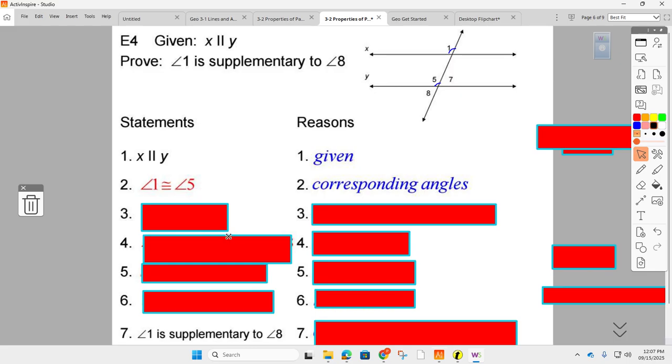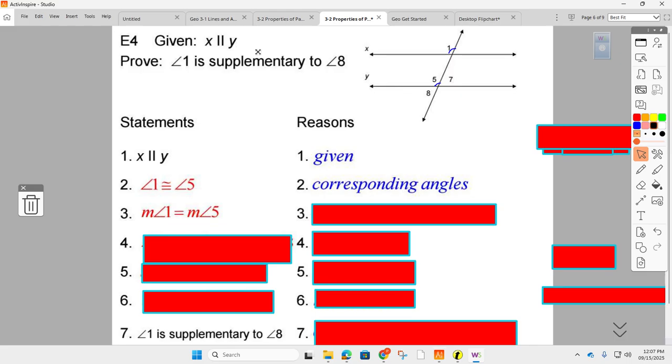Now we're going to go from the angles being congruent to the measures of the angles being equal, because supplementary means what? What does it mean for angles to be supplementary, Charlie? What adds up? The measure of the angles.